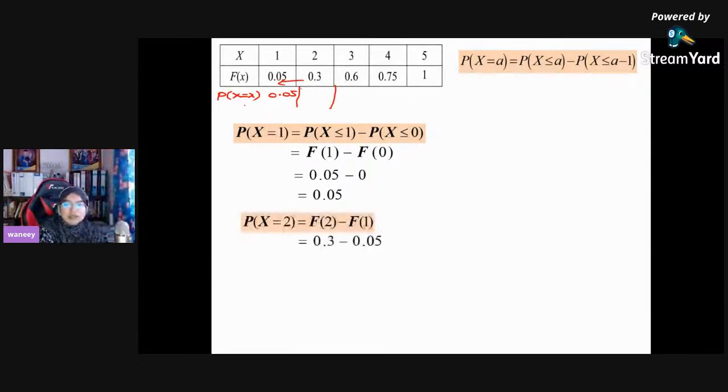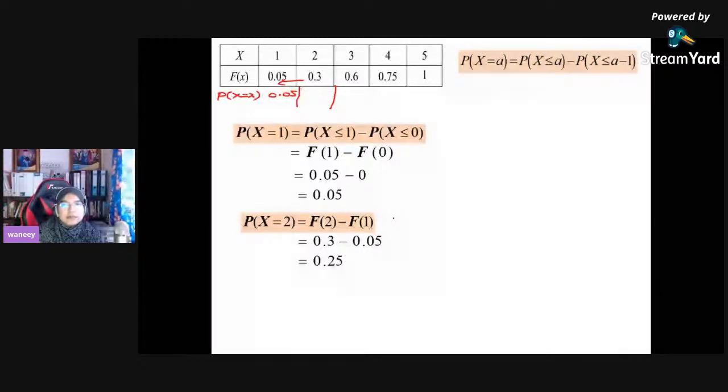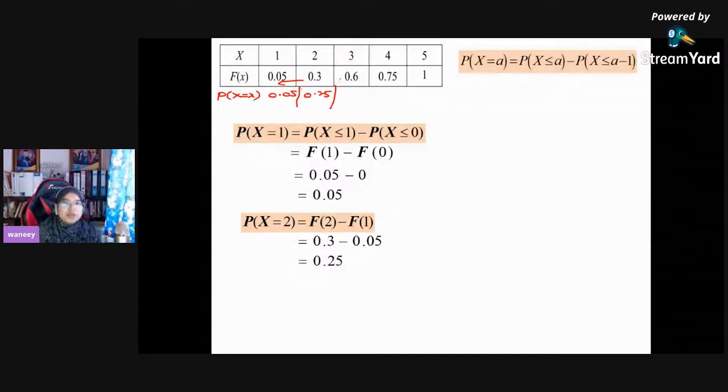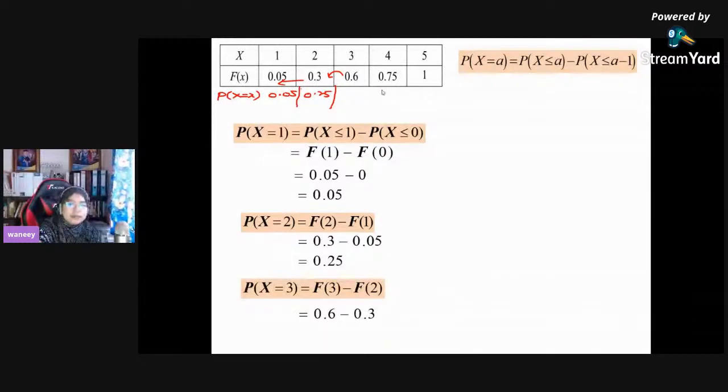So 0.3 minus 0.05. So 0.25. And then how do we get the probability for x equal to 3? Of course, 0.6 minus 0.3. So it will become 0.3.